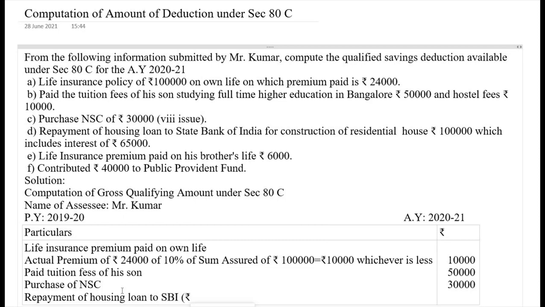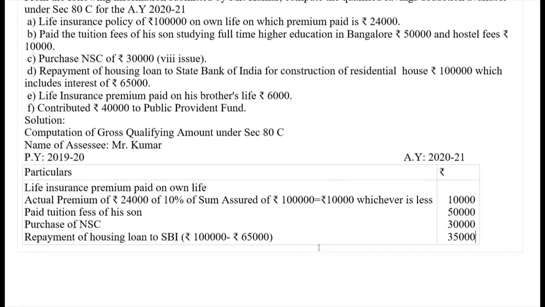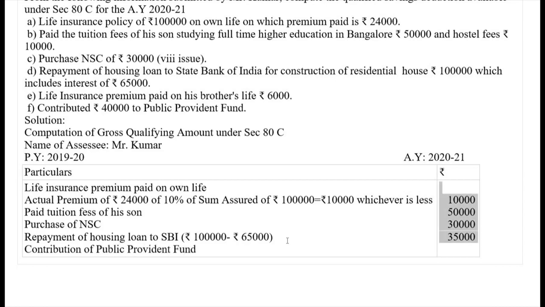So here actual paid is rupees 1 lakh, of which 65,000 is interest. So only 35,000 can be claimed here. Then next, contribution to public provident fund, rupees 40,000.